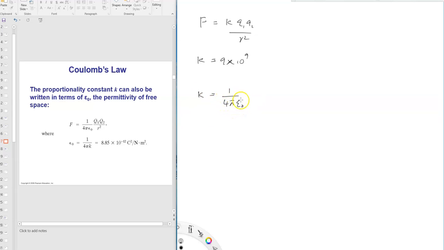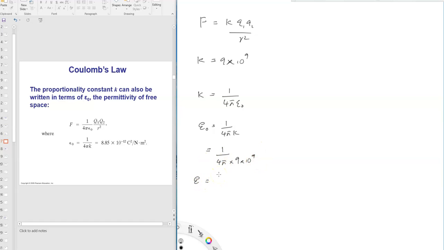But if you want to know what this epsilon naught, or the permittivity of free space, is, we take this to the other side. Epsilon naught is 1 over 4 pi k, and you plug in the numbers. 1 over 4 pi, you know pi is 3.14, multiplied by 9 times 10 to the 9.